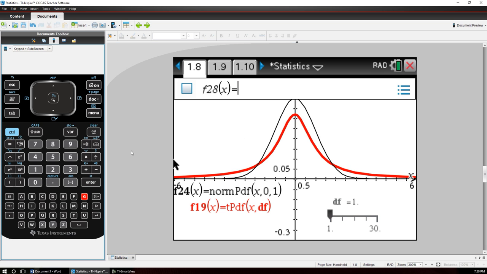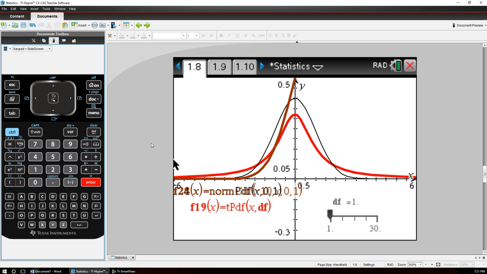Now, in fact, I'm going to go to Control G. I'm going to take a look at what happens to the CDFs as well. So let's do a normal CDF of, we said negative 10 works instead of infinity, negative 10 to x, 0, 1. So that's a standard normal.